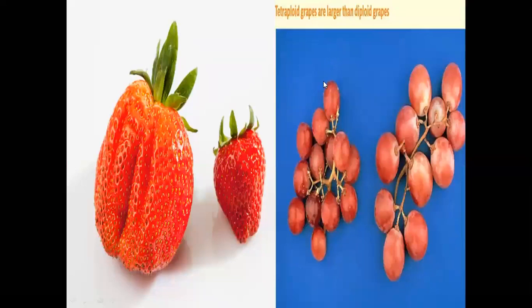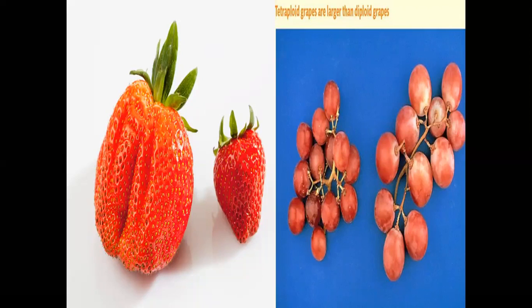Now these are strawberries, what you see here. This smaller one is a diploid strawberry, but here what you're seeing is an octoploid strawberry. Generally, the autopolyploids are larger in size than the diploids. We all know that.